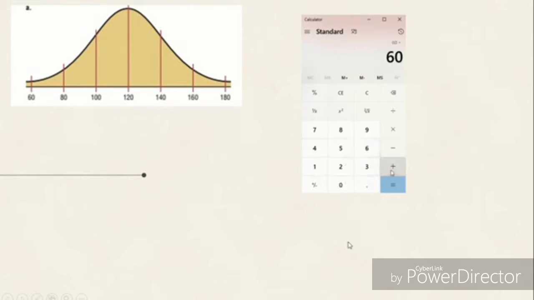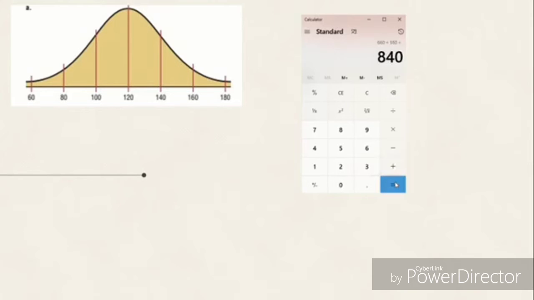So, let's use the calculator in computing the mean. 60 plus 80 plus 100 plus 120 plus 140 plus 160 plus 180 is equal to 840.